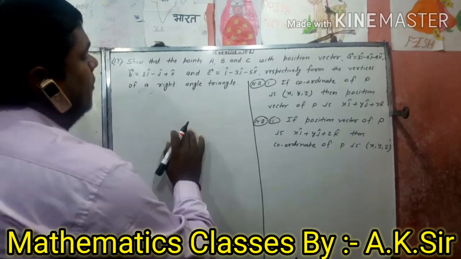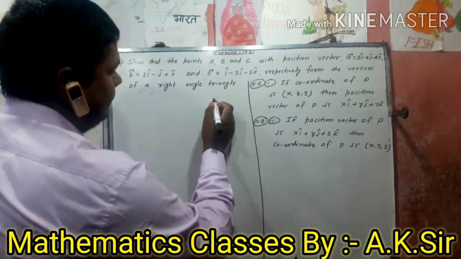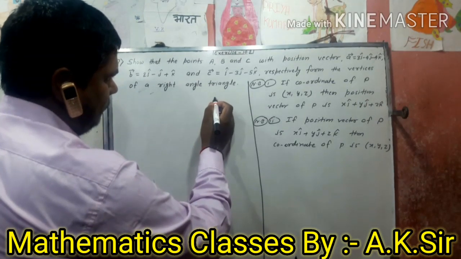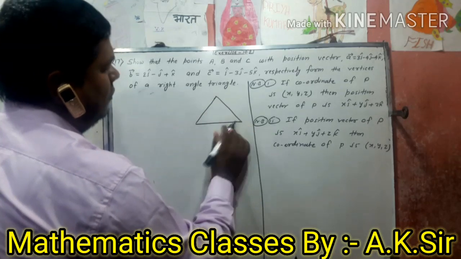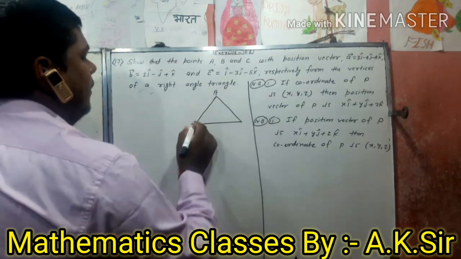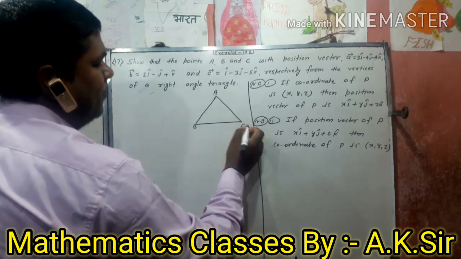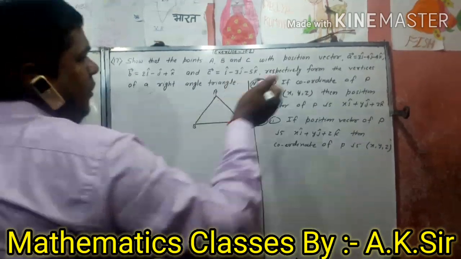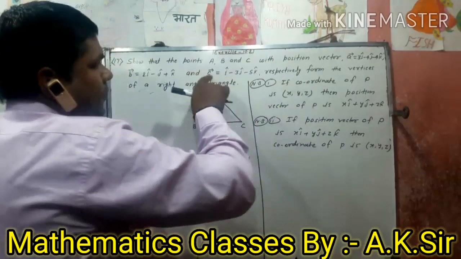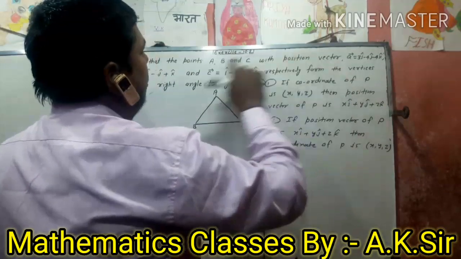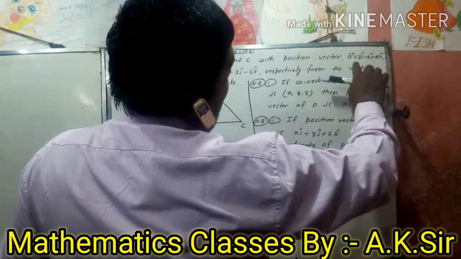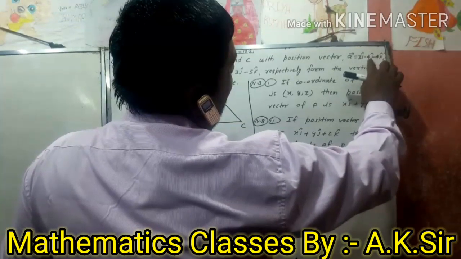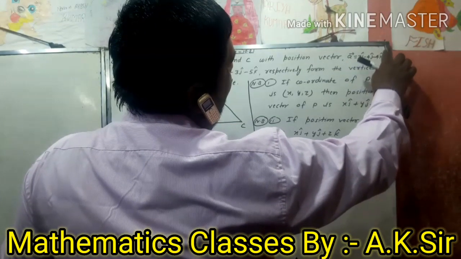Now we form a triangle A, B, C. The position vector of A is A vector equal to 3i cap minus 4j cap minus 4k cap.